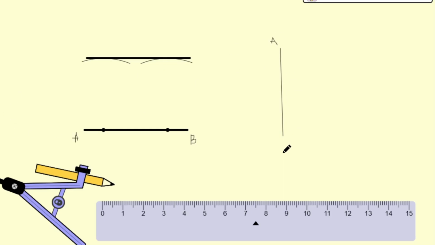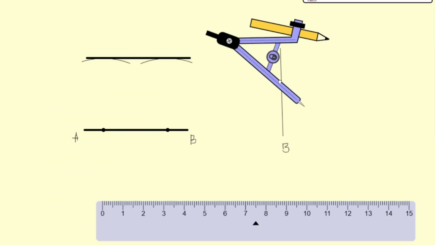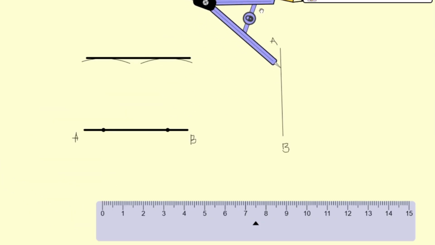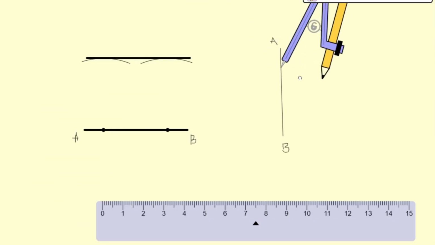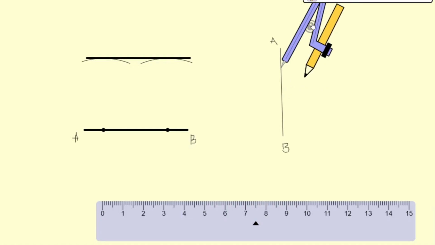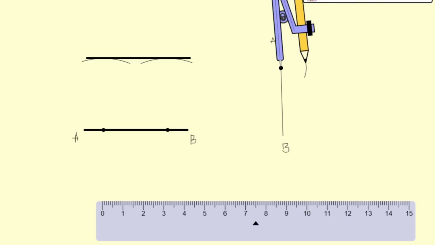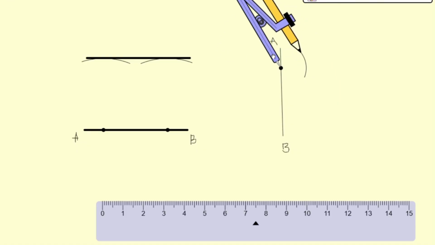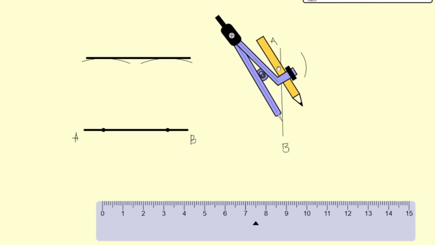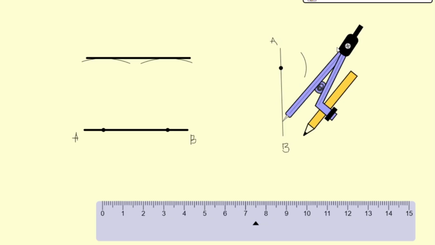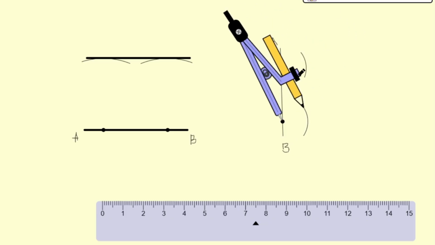First thing we do is label A, B. All right, get your compass, place the point not too far from A, not too close to the middle, and we're going to scribe. So same concept. Place the point down here, not too close, and we scribe.